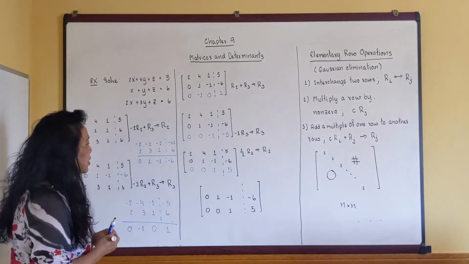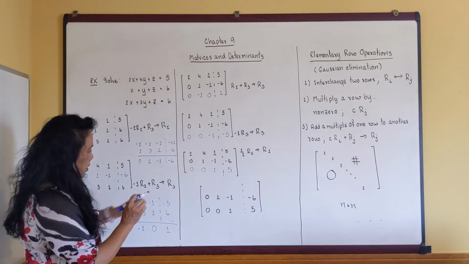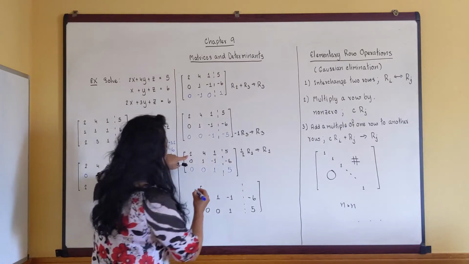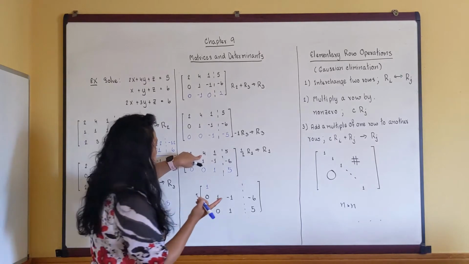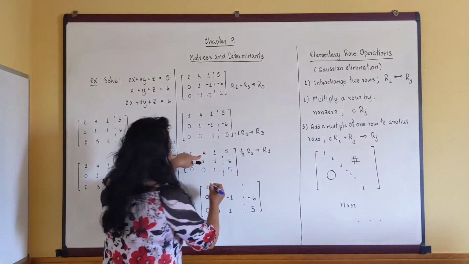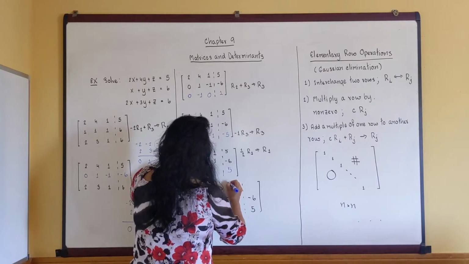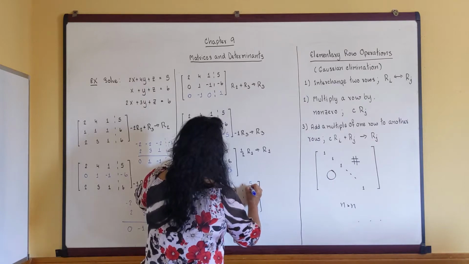All right, so divide the first row by 2 and it's going to go to the first row. So if you divide this by a half, you're going to get 1. Divide this by half, or multiply by half, divide by 2. So you're going to get 2, 1/2, 5/2.